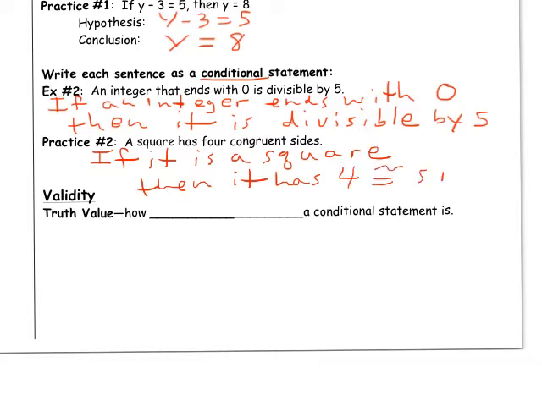If you had something like that, that's pretty good. You could have put if the shape is a square. You could have done a lot of different things there instead of "it," but the main thing is that we wanted if it's a square, then it has 4 congruent sides.